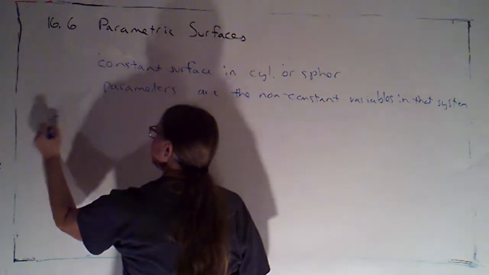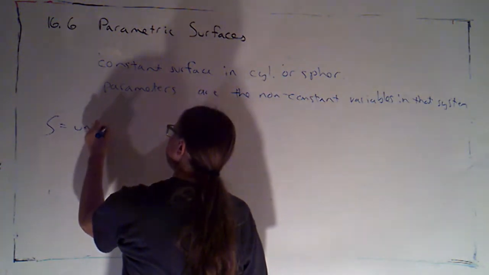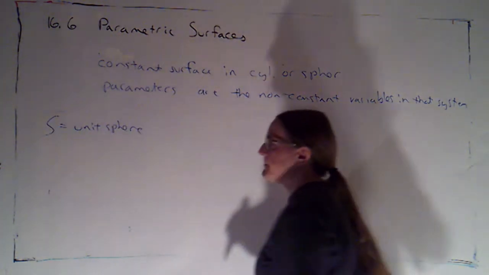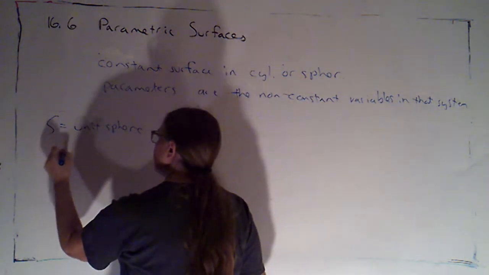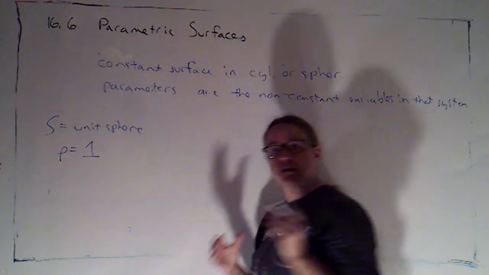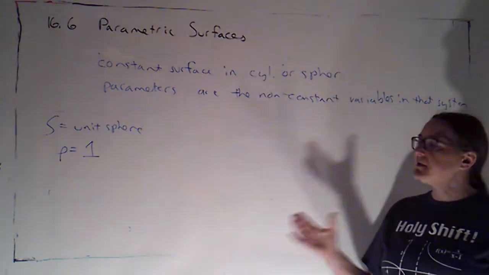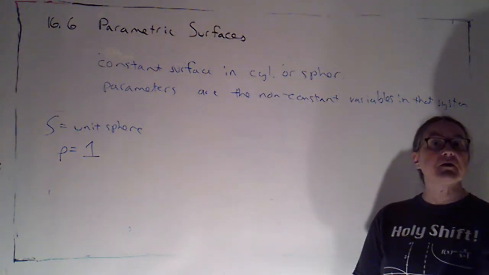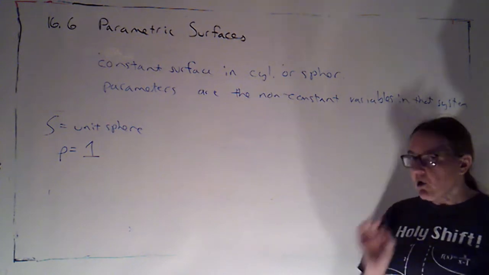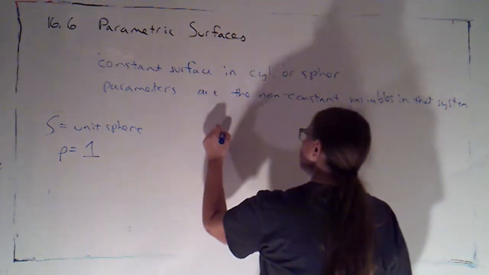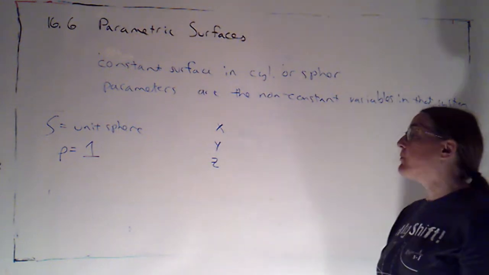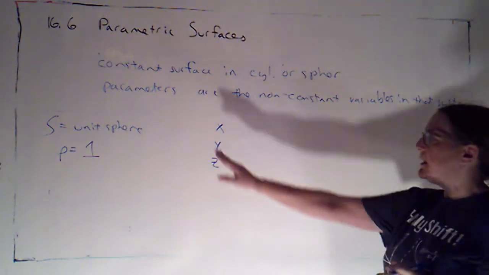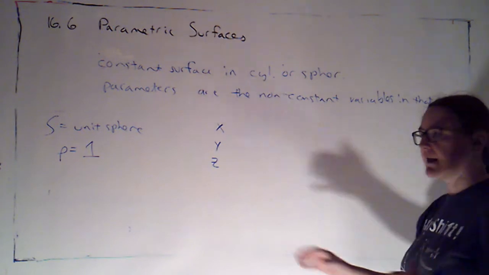Let's let S equal the unit sphere. Okay. So I know that in spherical coordinates, that's just a constant surface. I can describe that by saying rho, the distance from the origin, has to be 1. But I also know that I can describe x, y, and z, the rectangular coordinates for a point in 3 space, in terms of my spherical coordinates.